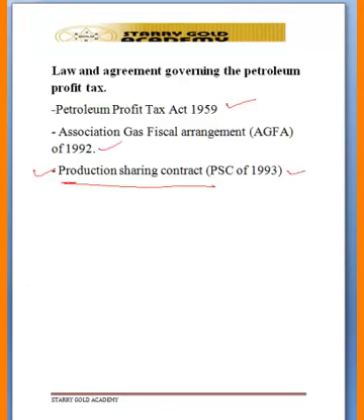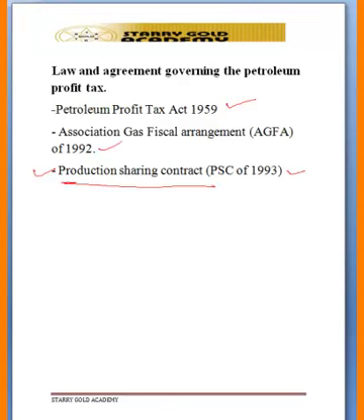Now, if oil is found in commercial quantity, the contractor will recoup its investment and cost of operation after deducting royalty and things like tax. The profit is shared on a pro rata basis.